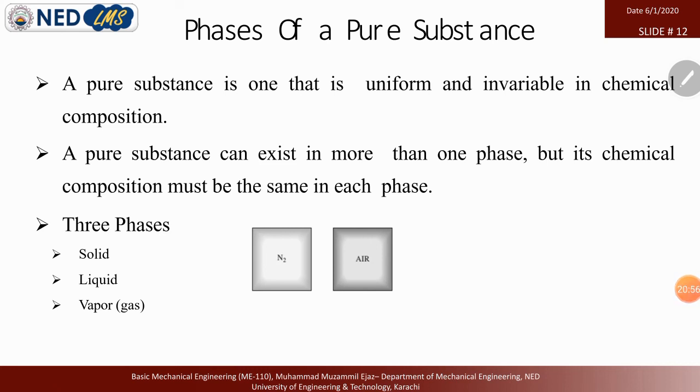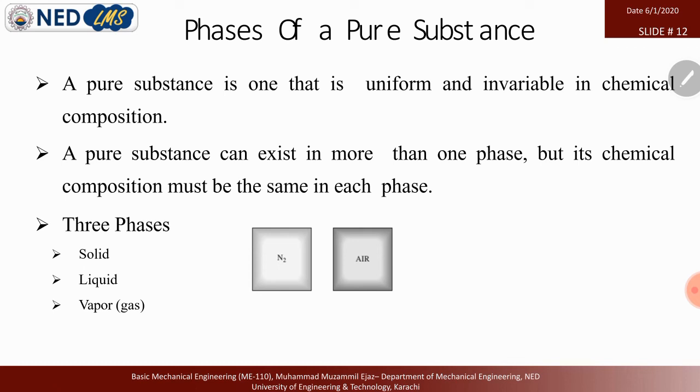So let's move towards the next topic, that is phase of the pure substance. A pure substance in thermodynamics is one that is uniform and invariable in chemical composition. A pure substance can exist in more than one phase, but its chemical composition must be the same in each phase.